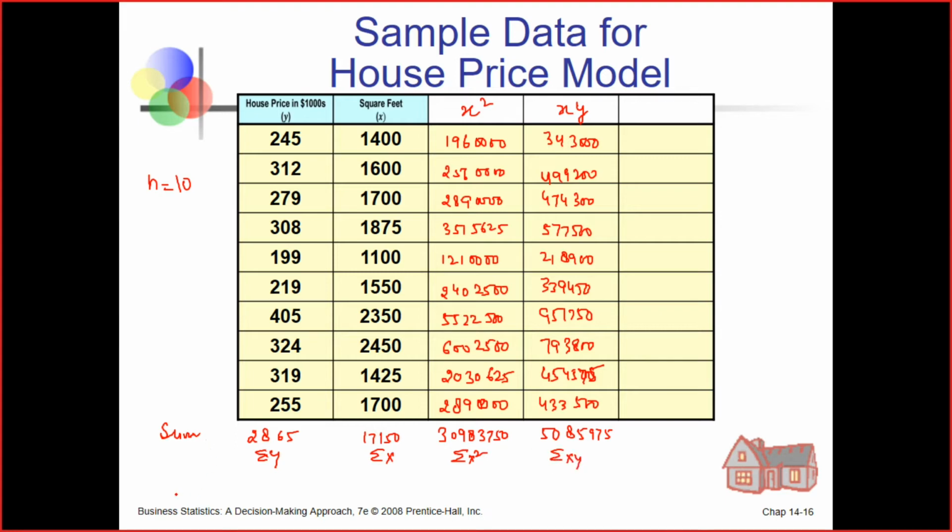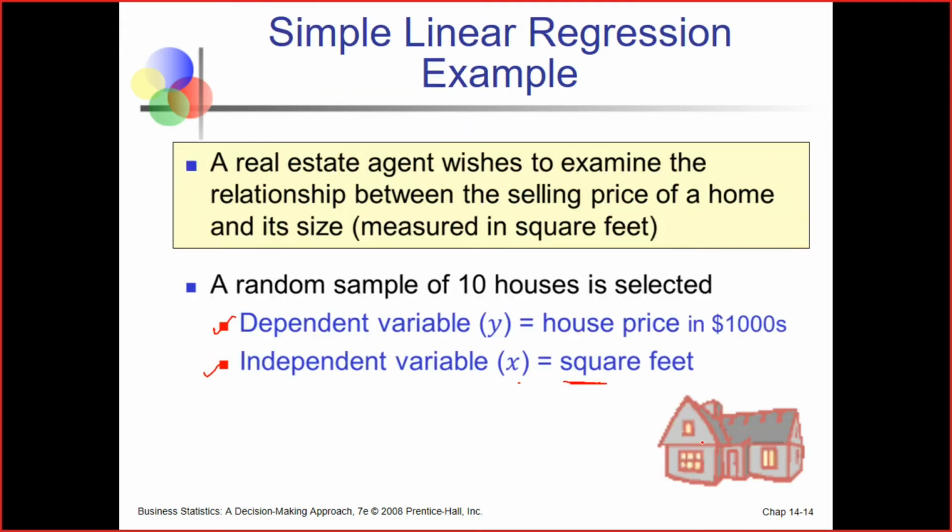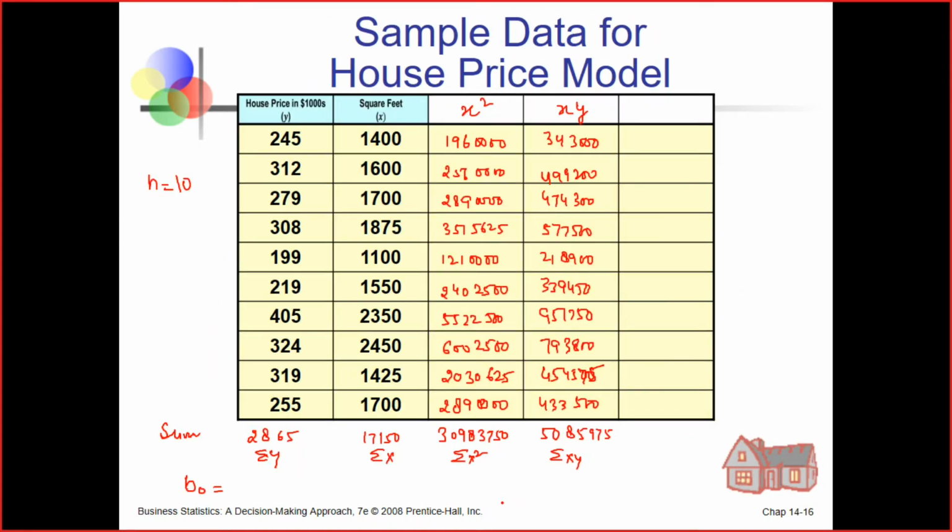Now with the help of the formula, we will calculate the value of B1. If you go back and see, B1 means sigma xy minus sigma x into sigma y divided by n, whole divided by sigma x square minus sigma x whole square divided by n. I will put all these values in this formula. I'm writing in a little bit smaller number so I can solve everything here.